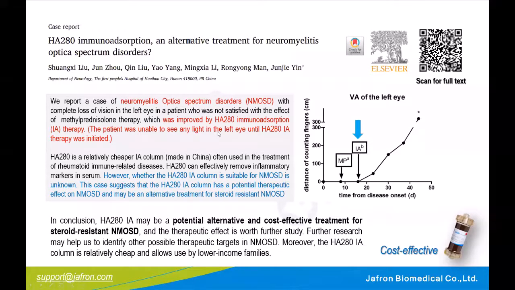So it leads to the conclusion that HA280 immunoadsorption therapy could be a potential alternative, and also a very important, cost-effective treatment for steroid-resistant neuromyelitis optica spectrum disorder. We were surprised with this case, and we also talked with this doctor because it was from China, and we are quite satisfied with these outcomes.